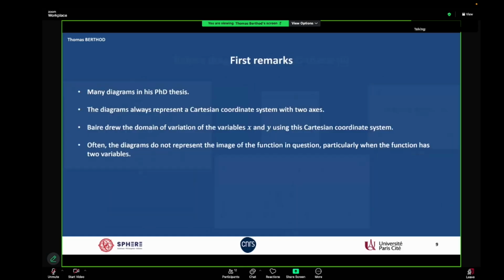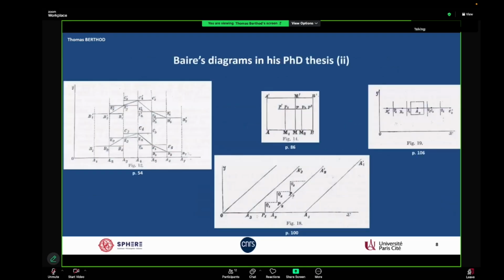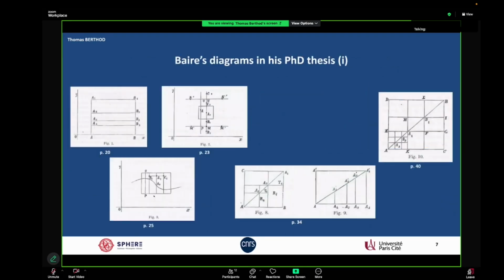Okay, what else? Most of these diagrams are represented with the Cartesian coordinate system. This system represents the domain of variation of two variables, because most of these diagrams concern a context about a function of two variables.